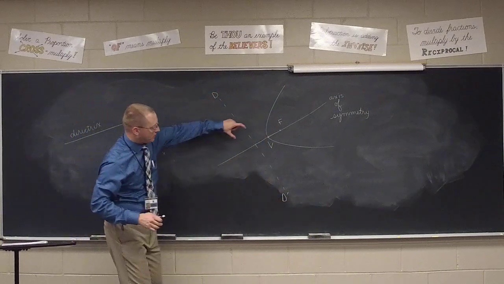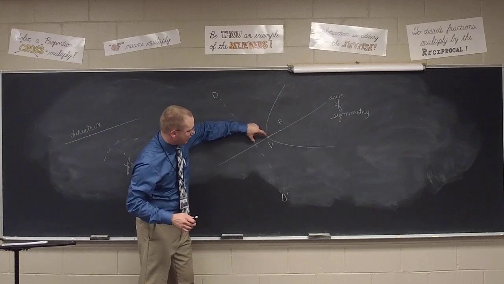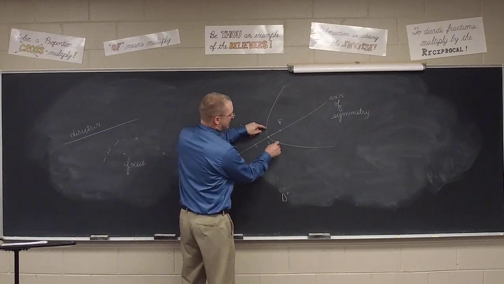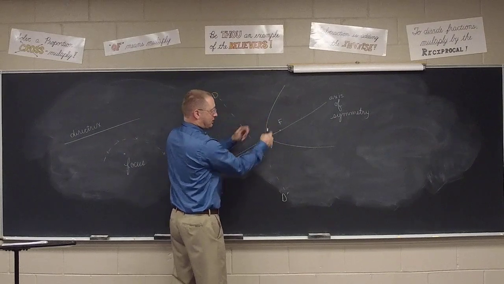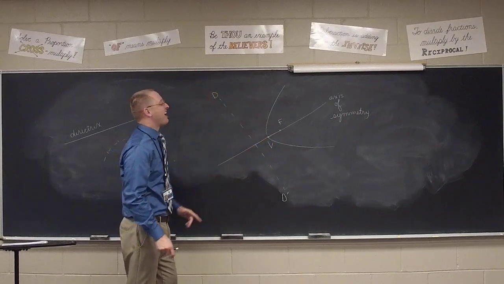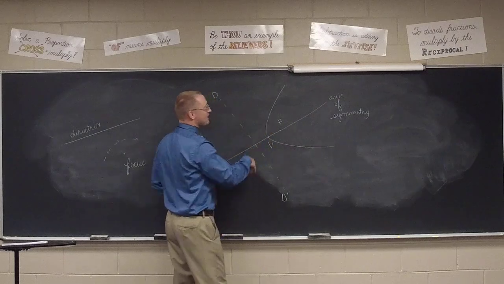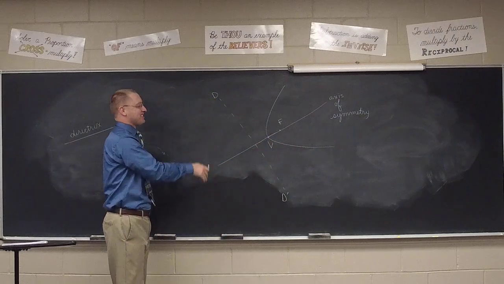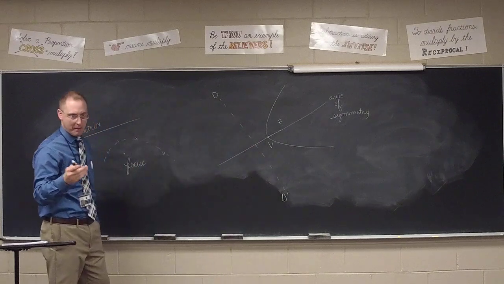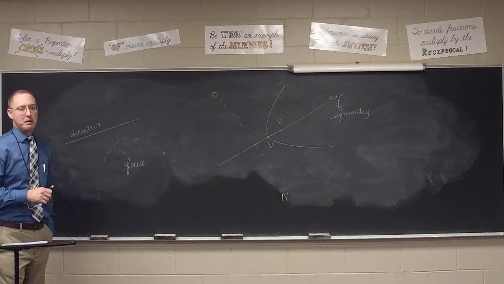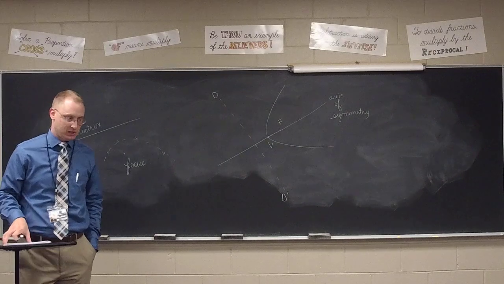But again, it's simply going to be whatever this distance is away here. And of course, all of these points will have the same distance to the directrix as they would back to the focus. This is poorly drawn, but for illustrative purposes, our directrix will always be perpendicular to the axis of symmetry. That bears writing down. Directrix will be perpendicular to the axis of symmetry.